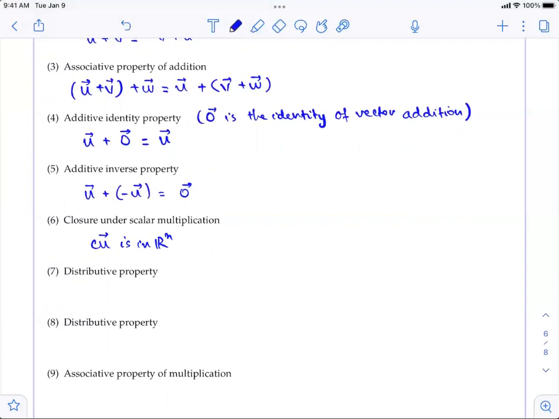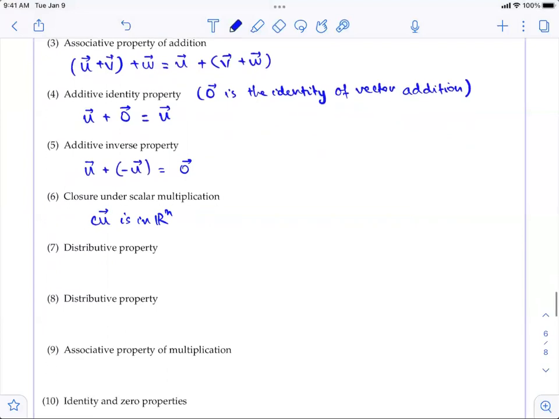There are two different distributive properties. The first one is that if you have C multiplied with u plus v, it is equal to C times u plus C times v. Right, so this says that you can do vector addition first and then scale the resulting vector. Or you can scale each vector first and then add them together.